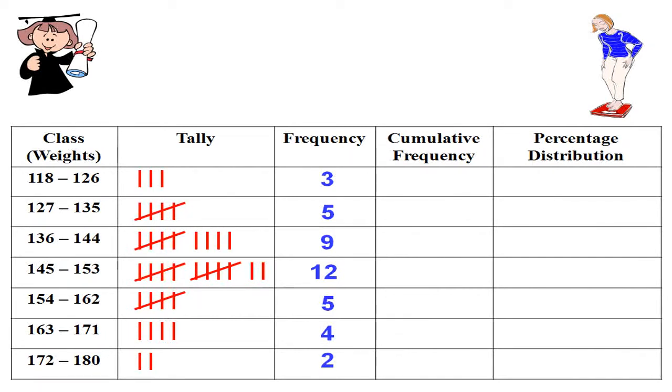Once you have the number of classes, what you're going to do is take the lowest number and the highest number and subtract them. And then you divide it by the number of classes. Basically what you're doing is you're spreading out the data and cutting it into even amounts, into how many classes you have.